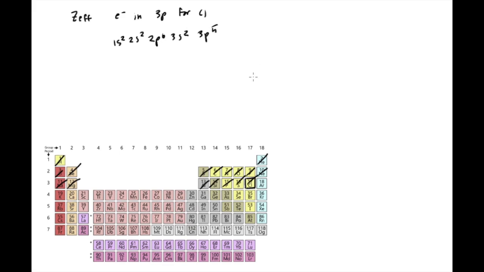This would be the electron configuration for chlorine. Let's write this out so it's a bit more neat. The electron configuration is 1s2, 2s2, 2p6, 3s2, and 3p5.